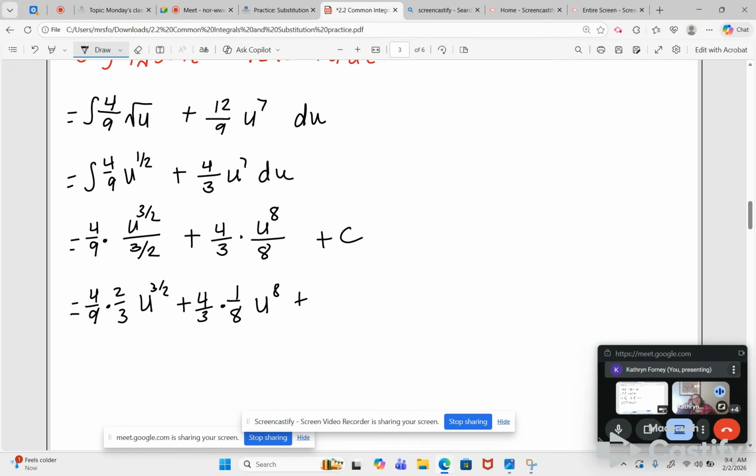And obviously, if you don't need to show this step, it's fine. But I realized I was maybe skipping that step, and some people needed it. So I'm going to show it.